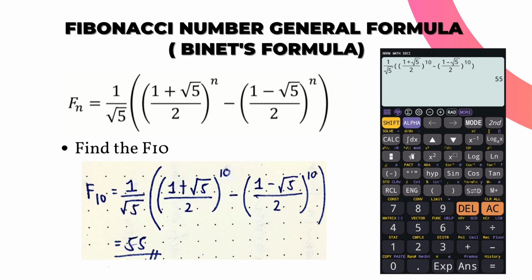So in here, f sub n symbolizes the nth term where f sub n is equal to 1 over square root of 5 times the quantity of 1 plus square root of 5 over 2 raised to n minus 1 minus square root of 5 over 2 raised to n. So dito, papalitan lang natin yung n ng 10. As easy as that. And itatype mo yan sa calculator, and charan, may sagot ka na agad. Kaya if nagmamadali ka, this is the best formula that you can use. Syempre, by using a calculator.